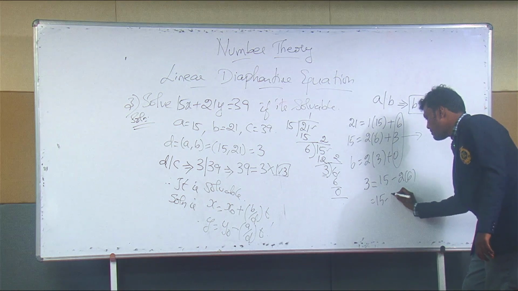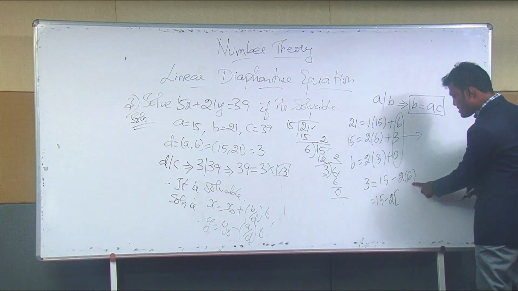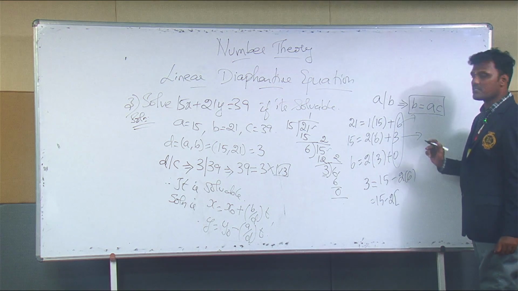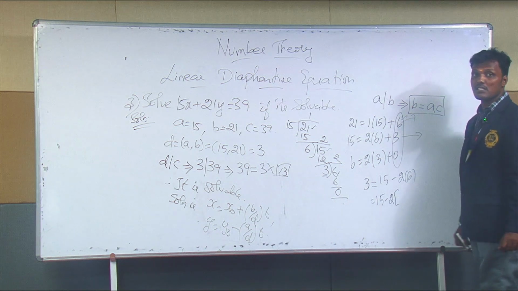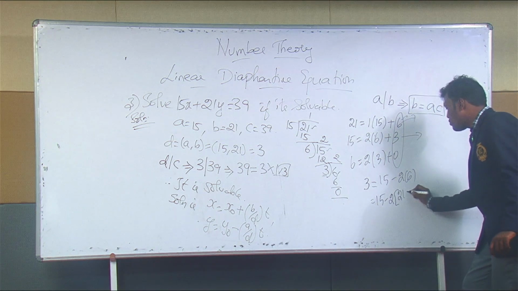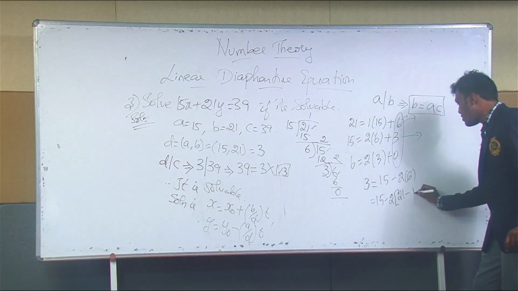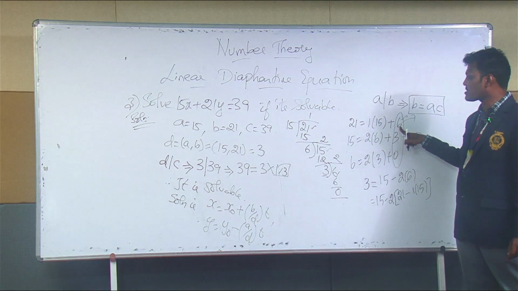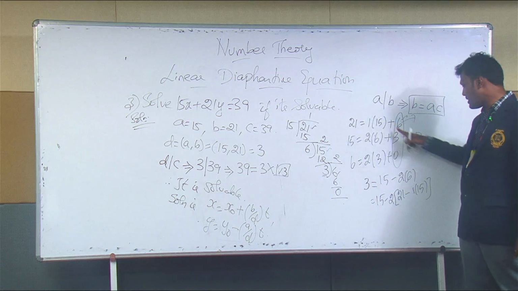So 15 minus 2 into this 6. Where is 6? Here. Again, the least non-zero remainder is 6. How can you express 6? As 21, bring that 1 into 15 to the other side. So this 6 can be expressed as 21 minus 1 into 15.